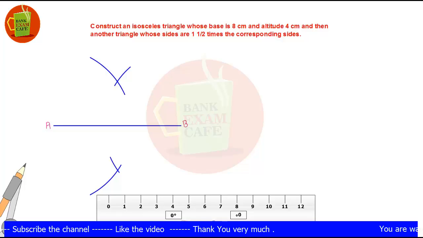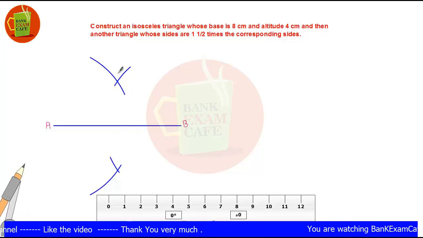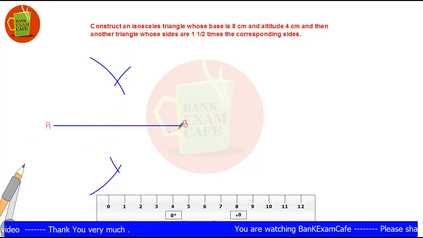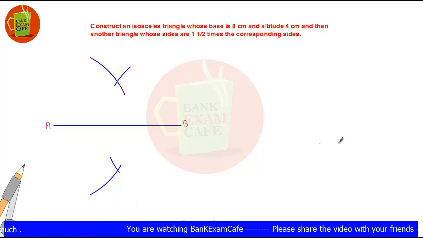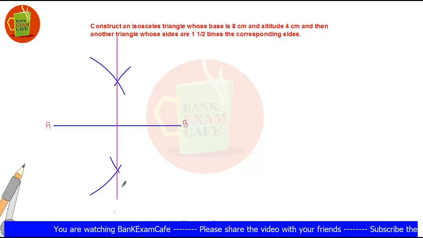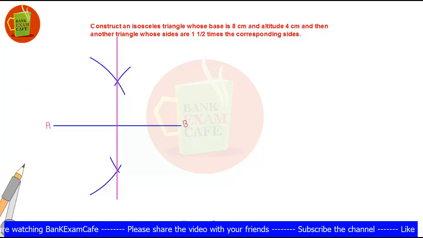Now from this point of intersection draw a line segment intersecting the line segment AB, and that will be the perpendicular bisector of AB.